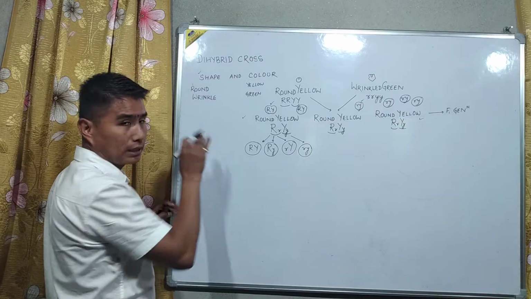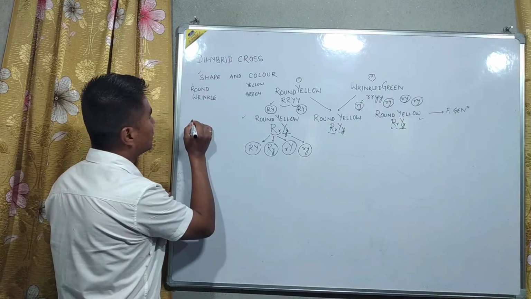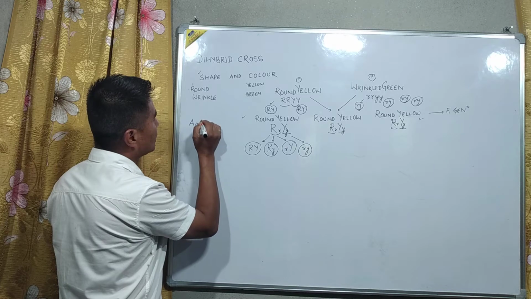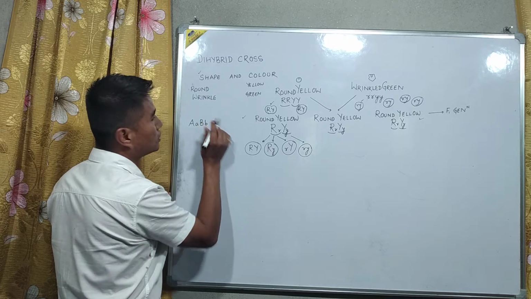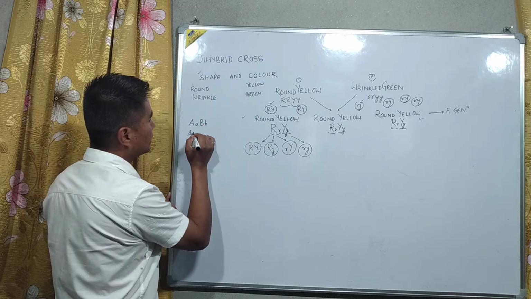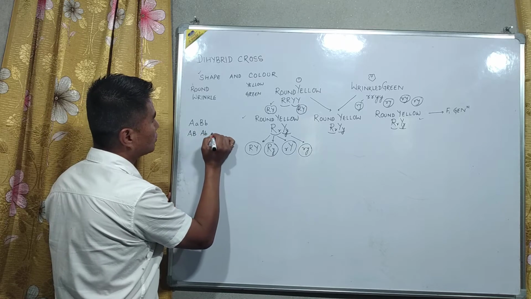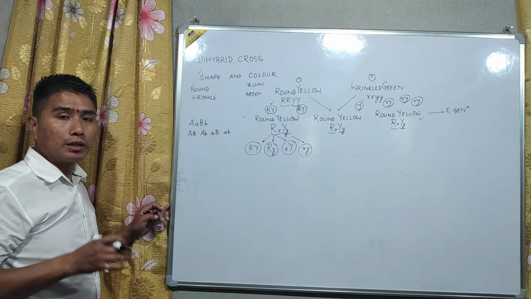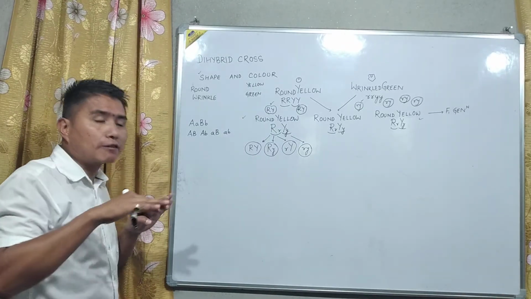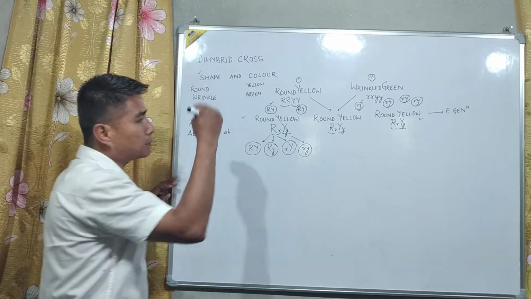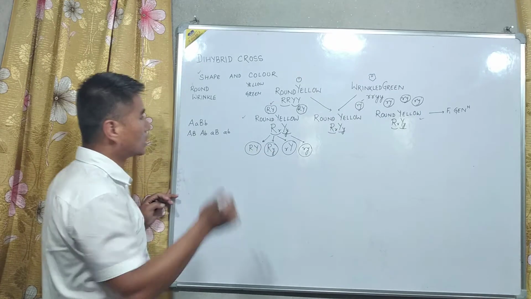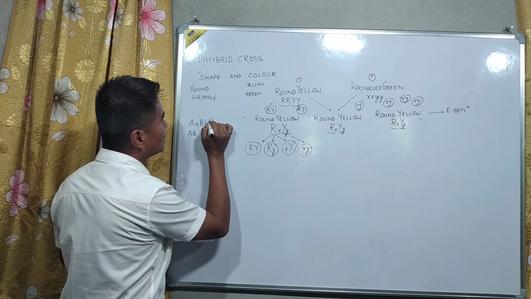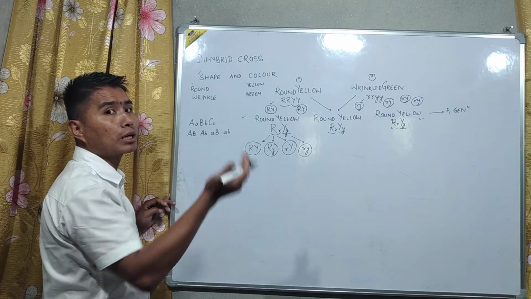Suppose if this is like this, for example AA, BB, then this is AB, AB, AB, AB. This is permutation and combination. Any type of combination can be formed. Just because of this, variation is seen. Suppose if this is like this, capital C and small c, then again more combinations will be there.